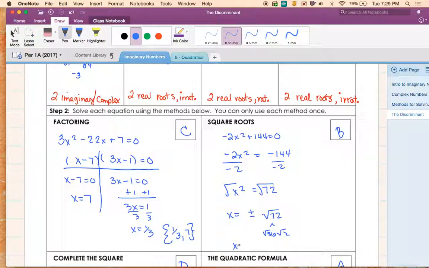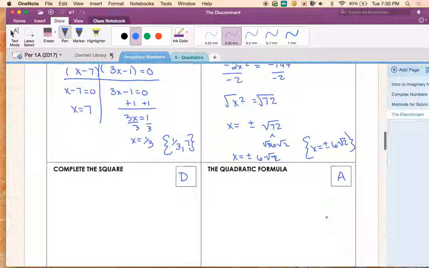So then x is going to equal plus or minus, square root of 36 is 6, root 2. That's your answer. So x equals plus or minus 6 root 2.